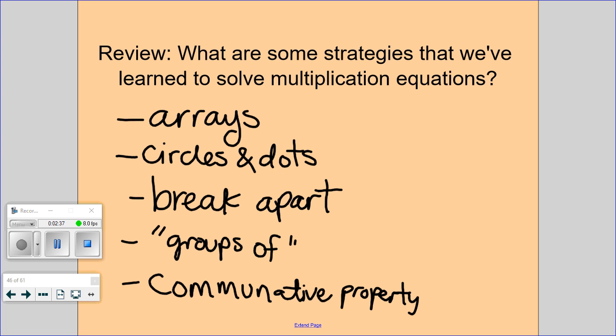Commutative properties can help you if you have a multiplication equation. Sure. So maybe if you're looking at 2 times 3, but you would rather do 3 times 2, being able to switch it around or whatever makes your brain happy, that'll totally work. Aiden, do you have one? No? You're just stretching? Okay.